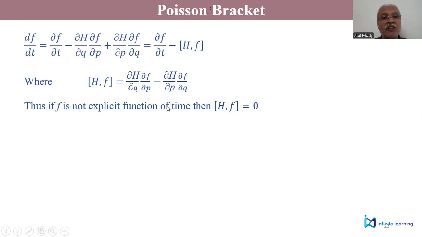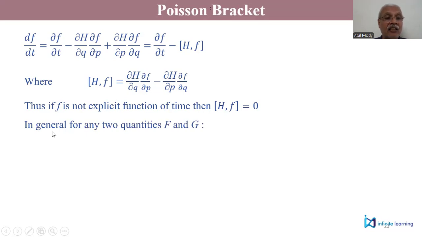If f is not an explicit function of time, then you remember df by dt was 0, ∂f by ∂t is 0, and then of course the Poisson bracket also will be 0. In this case, H is the Hamiltonian. So a Poisson bracket between the Hamiltonian and a function is 0, which means that function is not an explicit function of time.